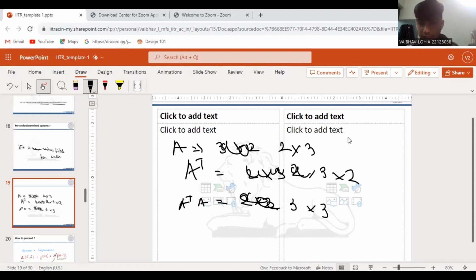But as A transpose A matrix is 3 cross 3, somewhere there would be a zero eigenvalue. So we can say that A transpose A is non-invertible. But if we take A A transpose in place of A transpose A, we will get a 2 cross 2 matrix, and we can use this in underdetermined systems. We will see this later.